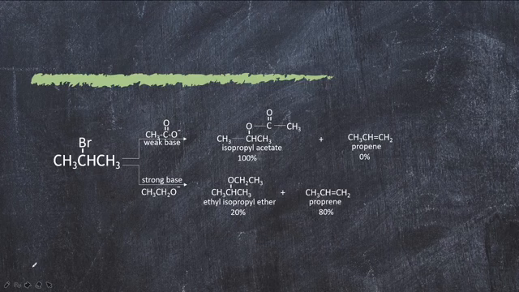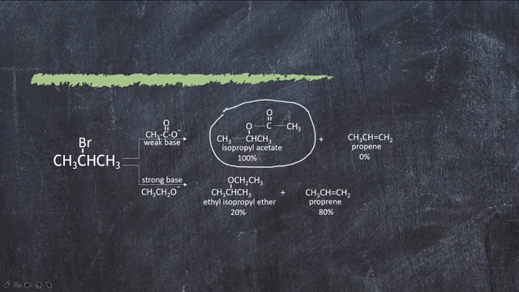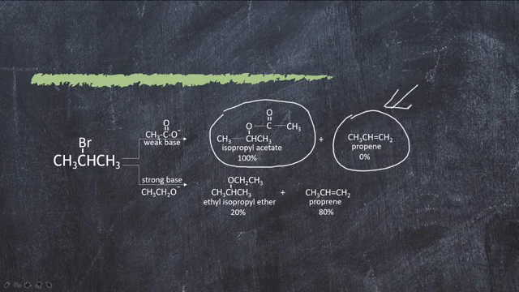This could undergo substitution and elimination reaction, and it's meant to produce an eliminated product and a substituted product. But at the end of the day, we end up not getting the eliminated product, which means this reaction is completely a substitution reaction. We end up only getting isopropyl acetate.